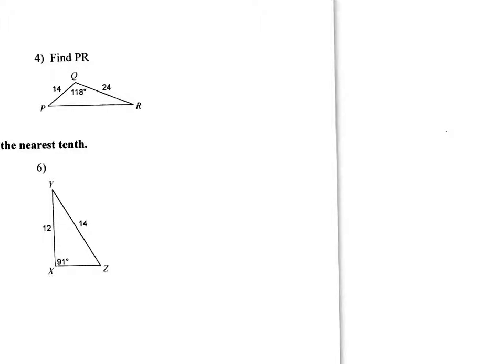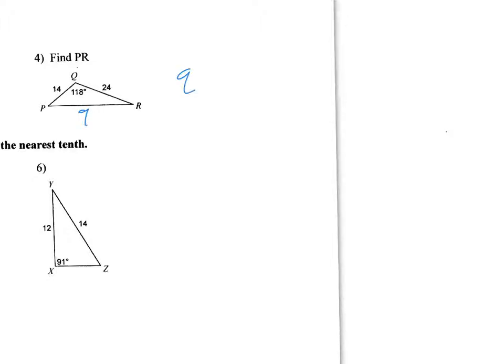And in order to use law of sines, you always have to know an angle and its side. Well, I don't know that here. I know an angle, but I don't know its side. I know a side, but I don't know its angle. I know another side, but I don't know its angle. So I have to use law of cosines. So this is what we're looking for, which is little q. That's going to be the side by itself.